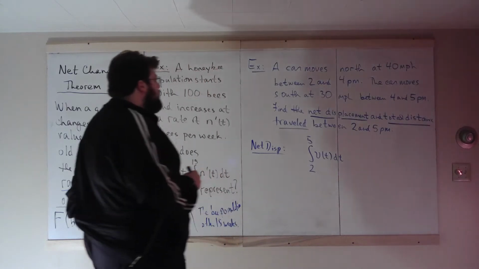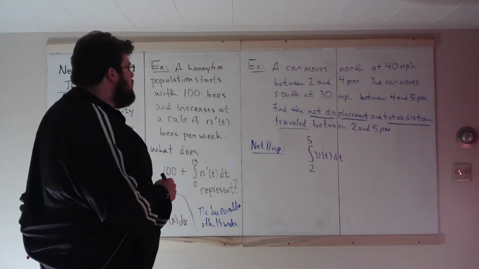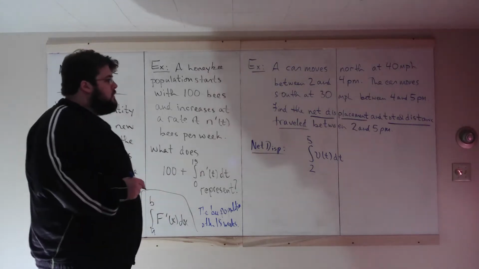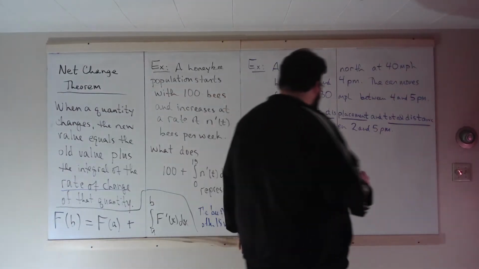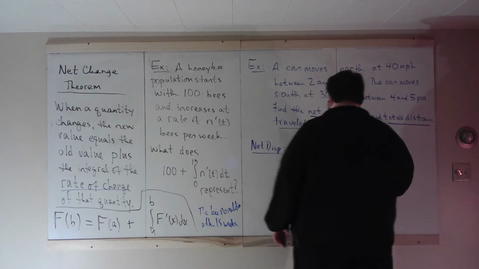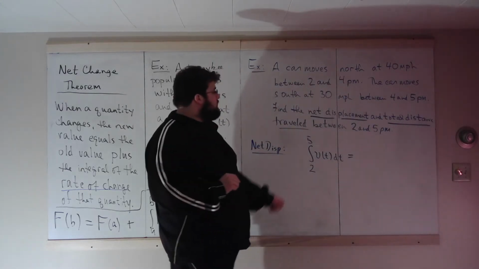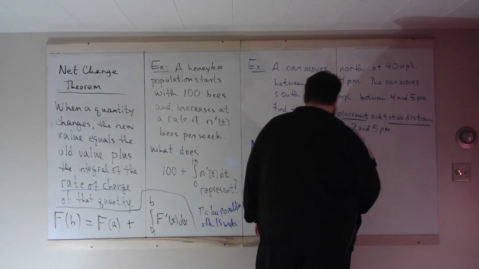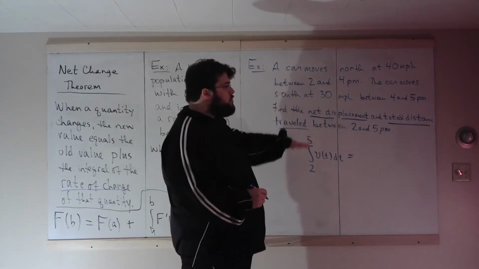Moves north at 40, moves south at 30. That's two different velocities. Well, what we can do is split this integral. We're looking between times 2 and 5. You could also define 2 o'clock to be 0.